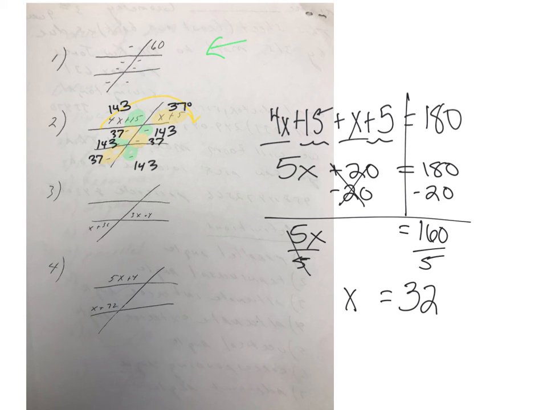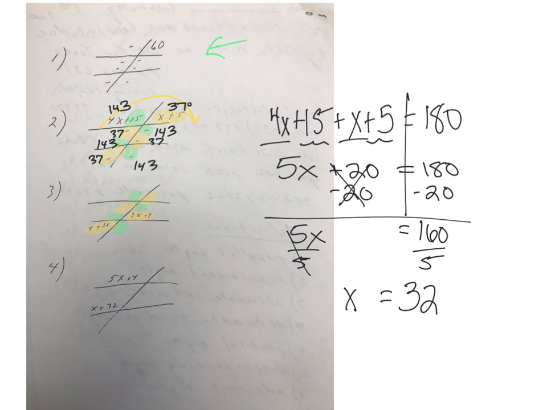So in 3, again, I would color code these before you start. You look at this one is the same as this one, is the same as this one, is the same as this one. And again, it's that vertical relationship we're looking at. And this acute is the same as this one, which is the same as this one, which is the same as this one. So the information that's given to us in this one is about two that are the same color. That means the two angles they tell us about have the same value.